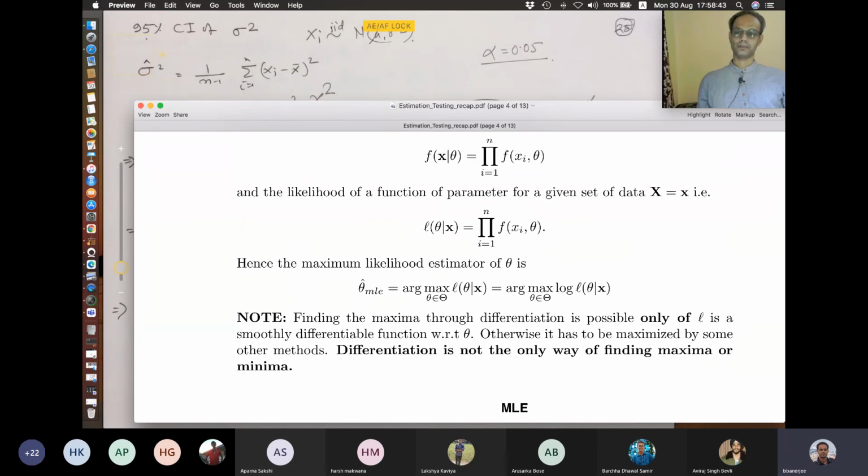You just need to find the maximum. Differentiation need not be the only way. If the function is not differentiable, you need not go for differentiation, just find out the maximum. So be careful, read good books and see their examples. I think these two books have given nice examples, so you can read from Hogg and Craig or Rice books.